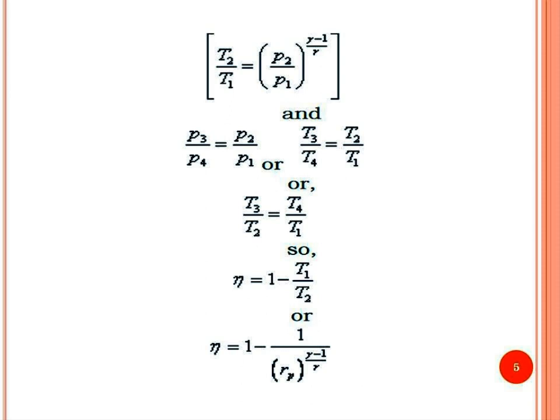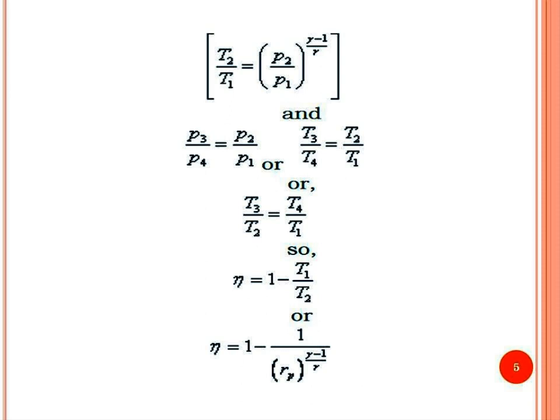Because of that, you can say the efficiency equals 1 minus 1 upon Rp, that is the pressure ratio raised to (gamma minus 1) upon gamma. So from this equation we can conclude that the efficiency of the Brayton cycle depends upon only two parameters, that is the pressure ratio and the adiabatic index gamma.